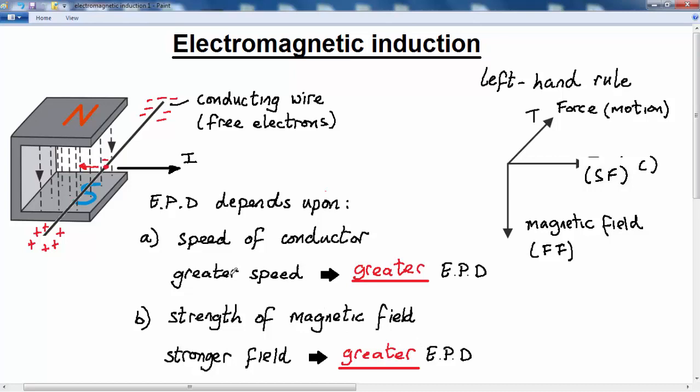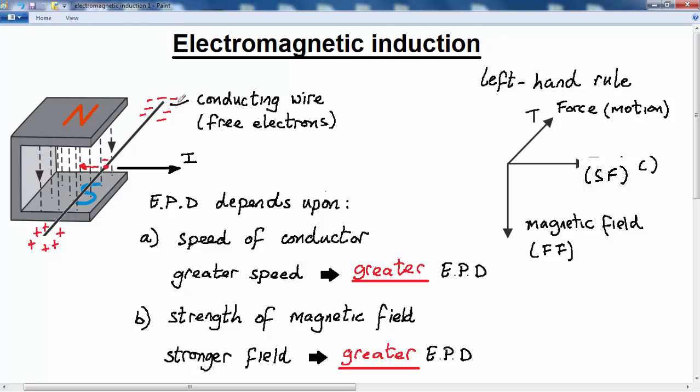Now you've probably realized that this setup here isn't particularly useful, because what we're doing is generating an electrical potential difference, but if we're going to devise something useful, we need to be able to generate a current. And you can't generate a current in a single conducting wire.